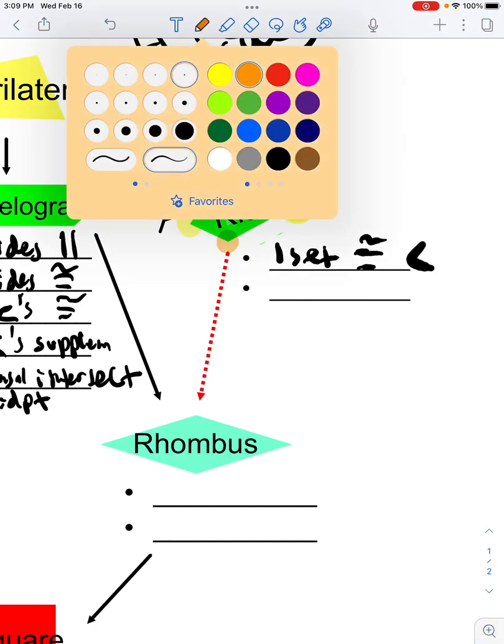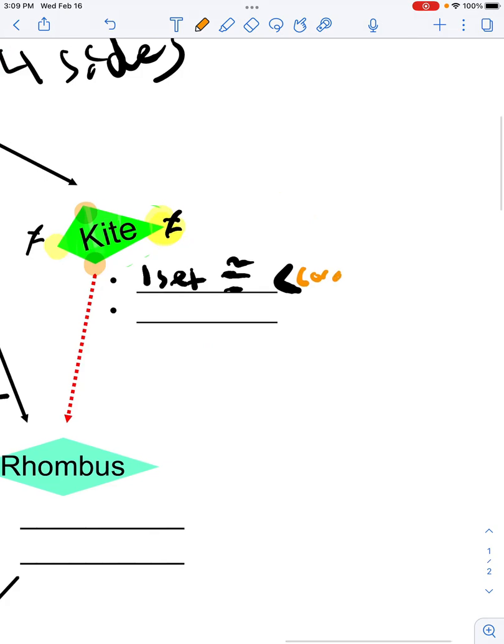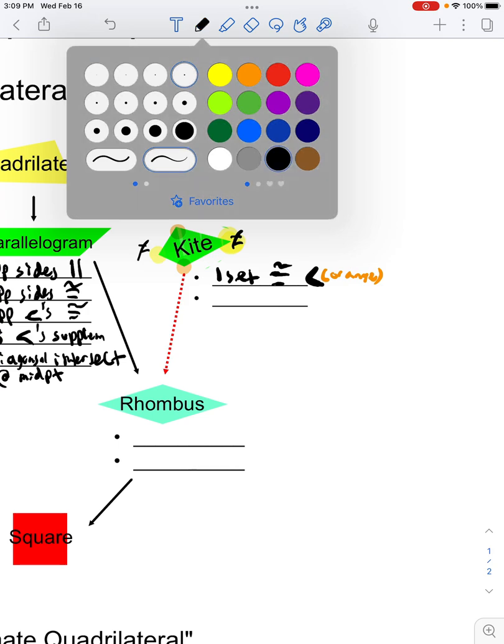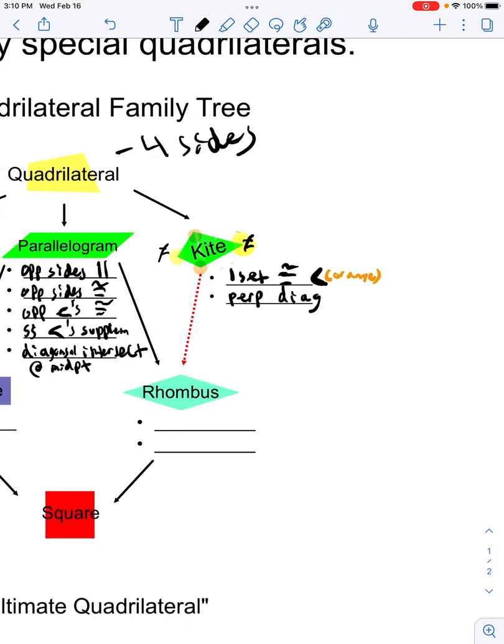Only the orange. Maybe we'll write that orange. Well, let's write it in orange. And then we have perpendicular diagonals, which again means the diagonals meet at 90 degrees.